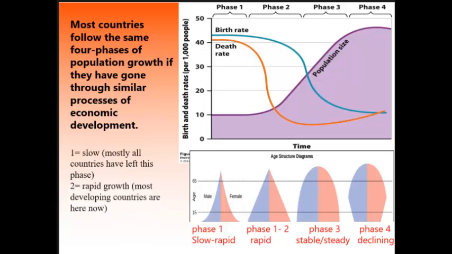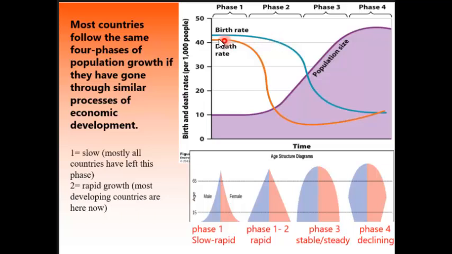We did talk about the one in class that's in Southern Africa. So a slow growth country is going to have birth rates that are very high, death rates that are very high, and the population therefore does not grow. So here's a period in time where the birth rates are high, the death rates are high, but the population is not yet growing.